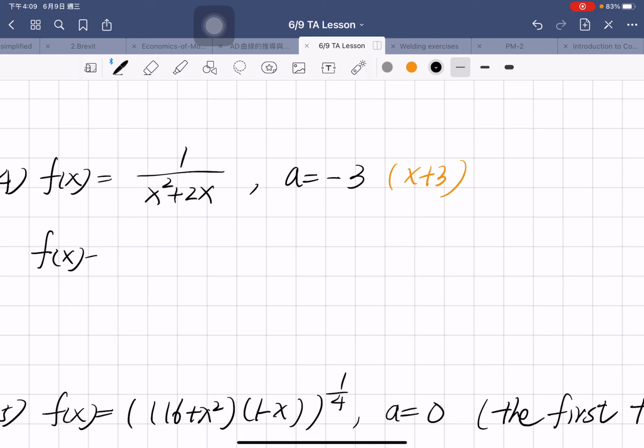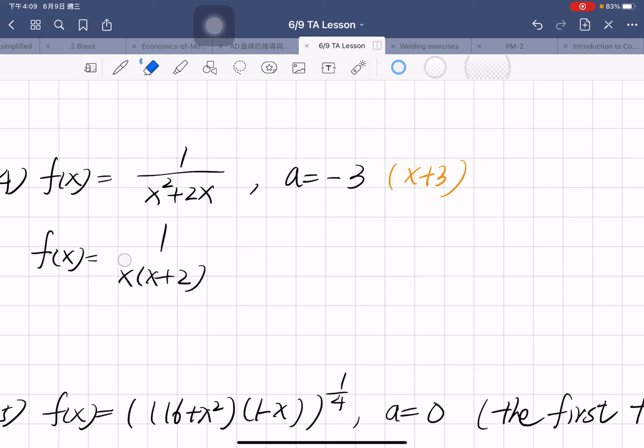One of the ways to do this, some of you may think of this one. I don't know if anyone thinks of this, but actually you don't know how to expand this one, right? Well, you got a -1 here, and actually you cannot make an x plus 3 here. So another way is we subtract our x out.